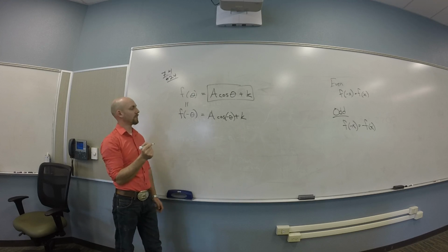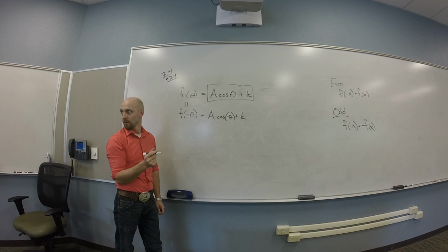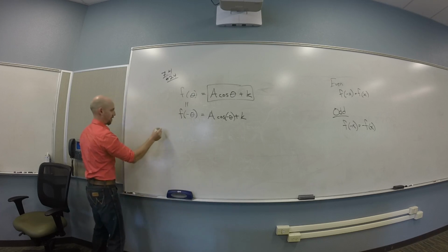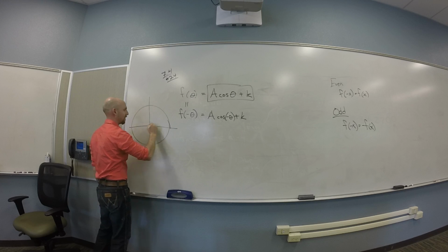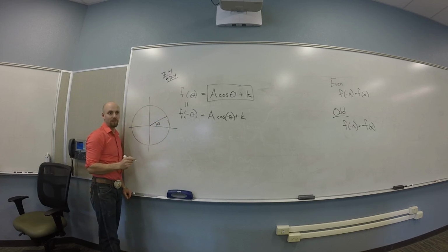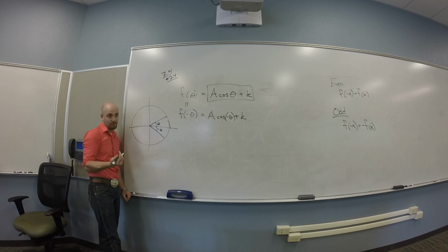What's cosine of minus theta though? So here's a unit circle, right? Here's an angle theta. Where's minus theta? Yes, the angle that goes the same amount but down instead.